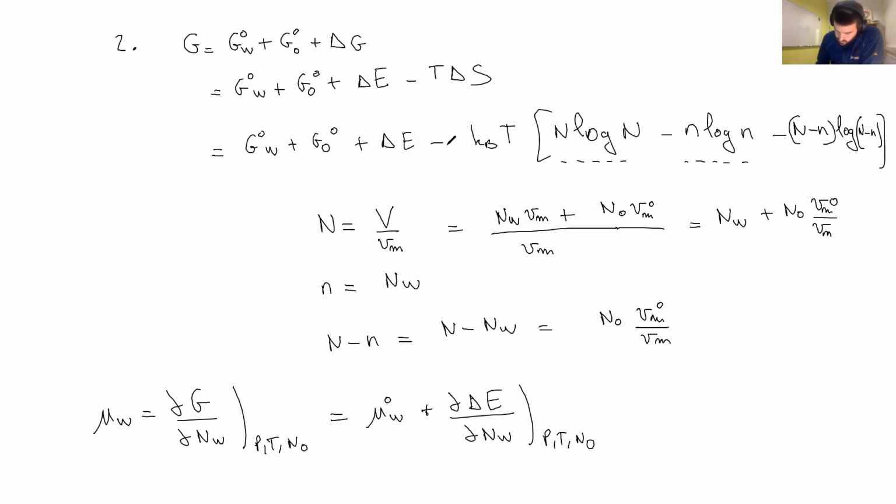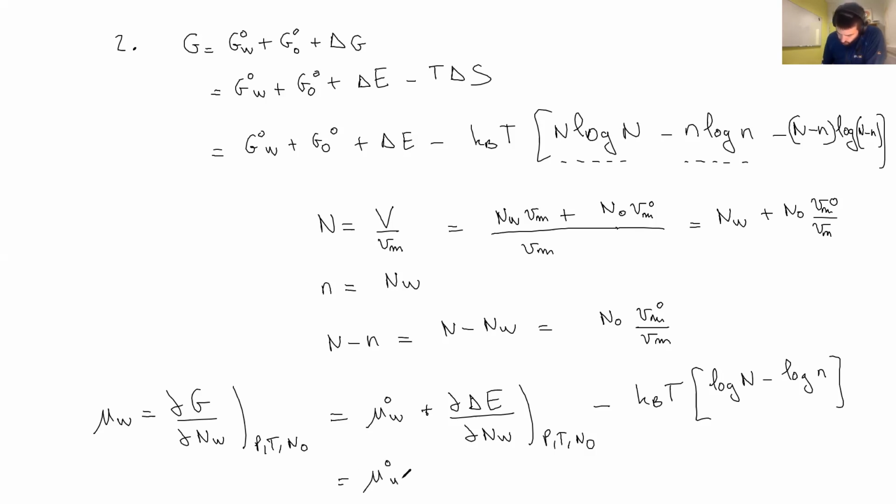And then I have minus kBT log n minus log N as before, and then the other derivatives, they cancel out. If I derive this, I get 1 over capital N, so it gives me +1, and this gives me -1. So I'm just left with this guy.